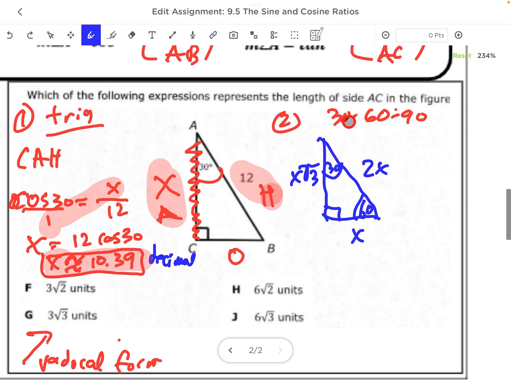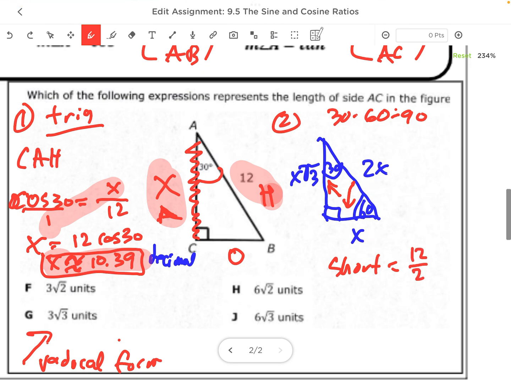We would go from the long side to the hypotenuse to the short, then from the short to there, because we would just divide by 2 and then multiply times the square root of 3. So let's say that: the short is equal to the long, which is 12, divided by 2.